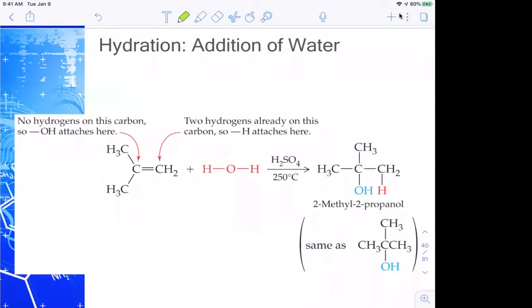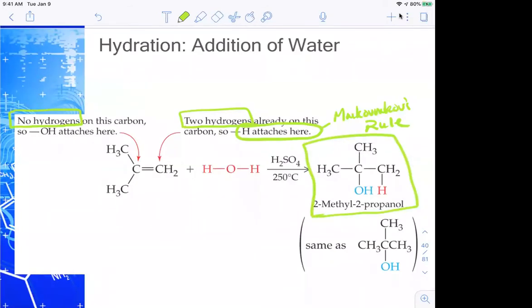Again, I have no hydrogens on that carbon and 2 hydrogens on that carbon, so the hydrogen is going to attach there based on Markovnikov's rule. Of those 2 potential products, I'm going to get the Markovnikov addition product, so the OH ends up on the most substituted carbon and the hydrogen ends up on the least substituted carbon.